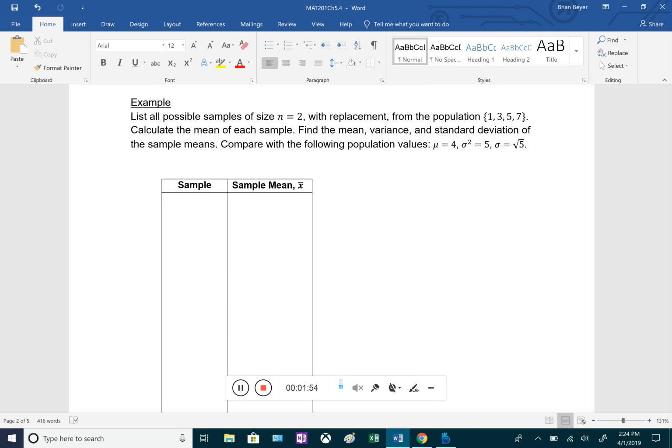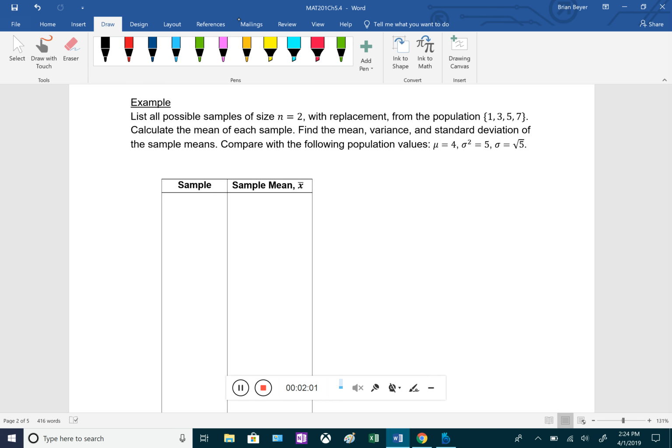So let's list all possible samples of size 2 with replacement from the population 1, 3, 5, 7. Here are our data entries, whatever they represent. Then we're going to calculate the mean of each sample, and then find the mean, variance, and standard deviation of those sample means.